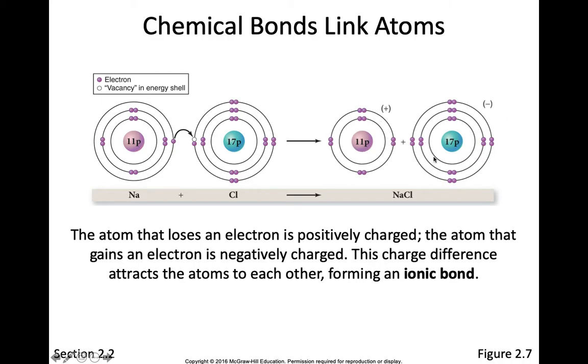Now over here, our chlorine has 1 more electron than it does protons. 18 electrons, 17 protons. So now we have 17 positives, 18 negatives. Now we have a -1 charge on this side.